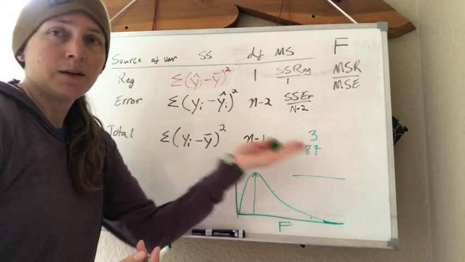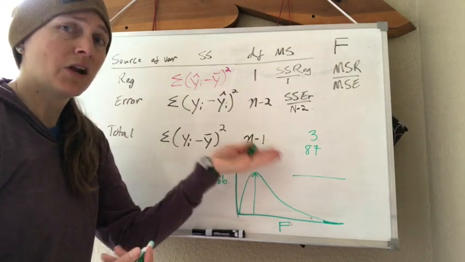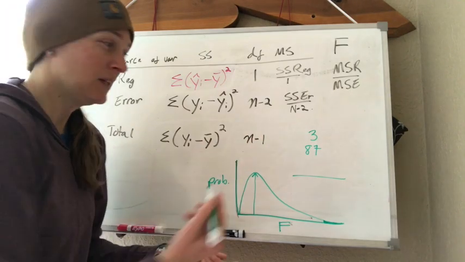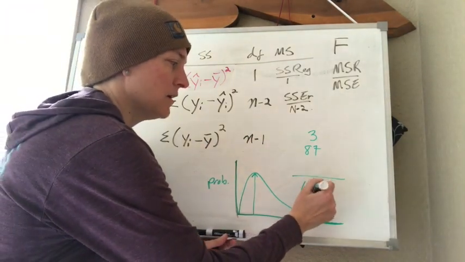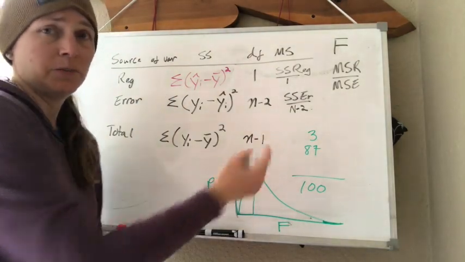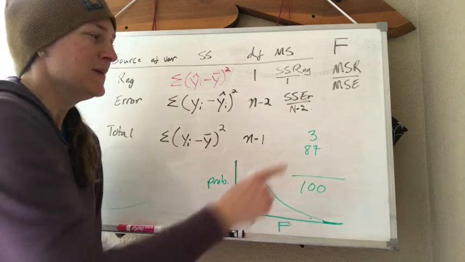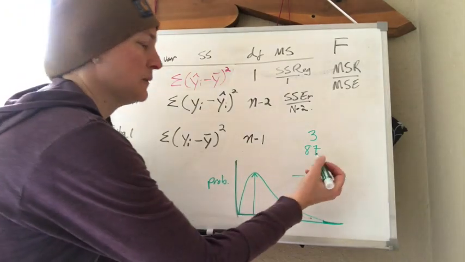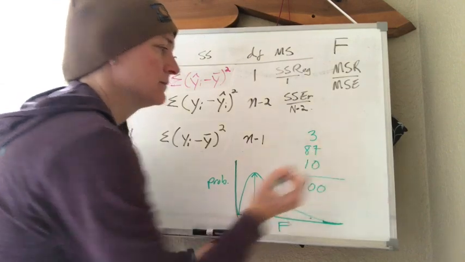If I don't know anything about the set of numbers, all 3 numbers are free to be anything they want to be. But if I know something about the set, like the sum of these 3 numbers is 100, now all of a sudden, these 2 numbers are still free to be whatever they want to be, but this last number is not free anymore. So it has to be 10, right?